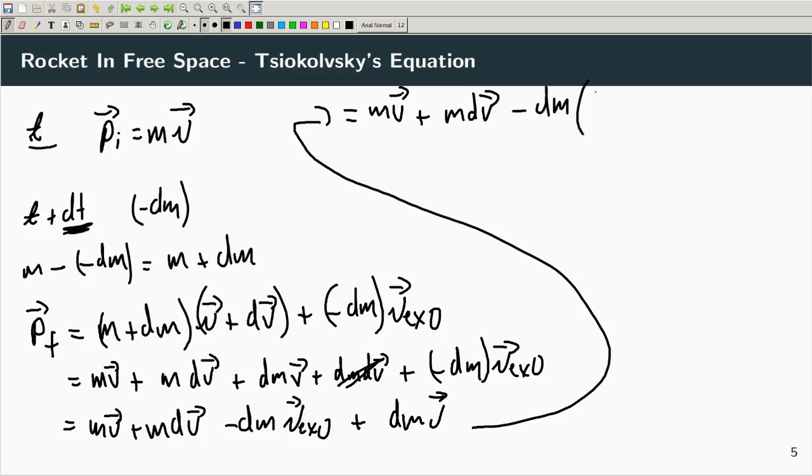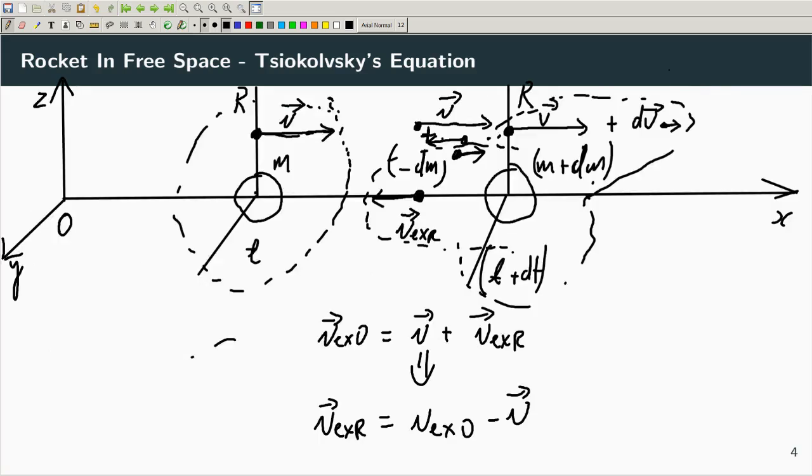Factor the mass out, like so. But that's just the same as saying the exhaust velocity in reference to the rocket frame of reference.